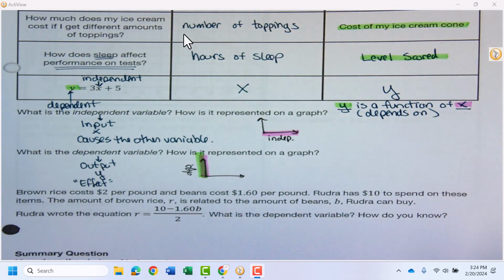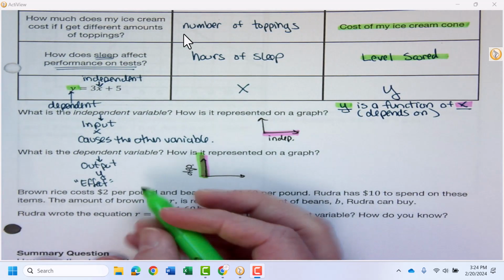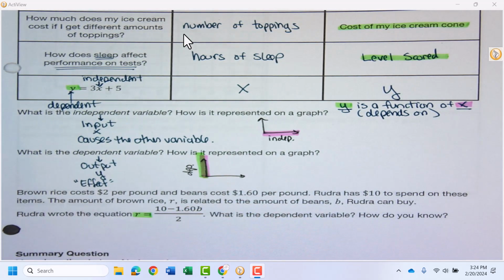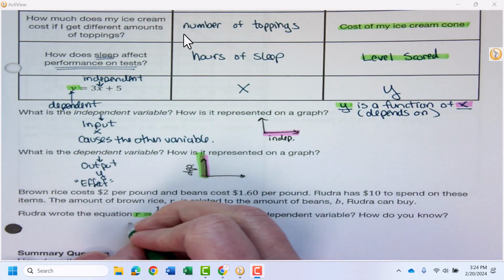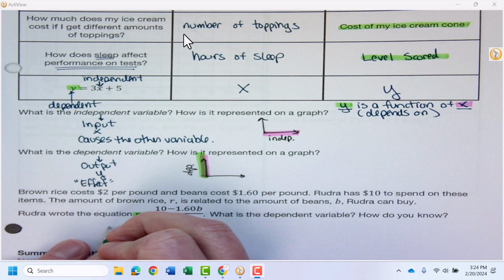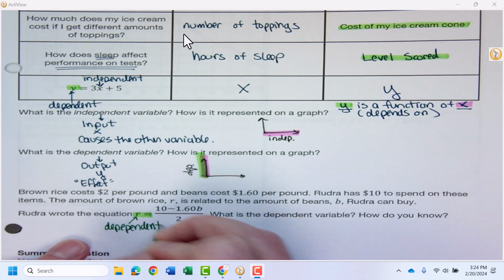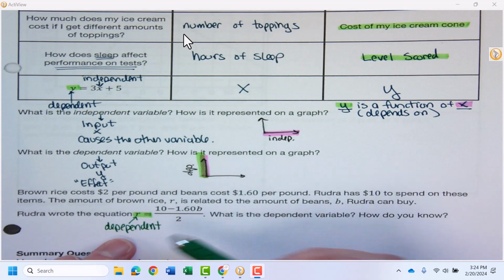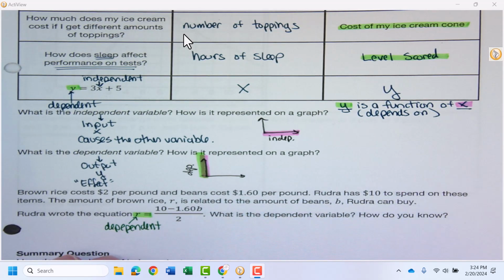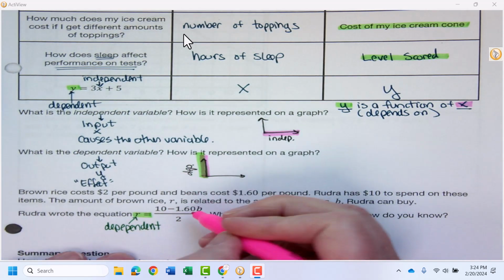R equals, the fact that I have a variable equal to something, I'm telling you, that's the dependent variable. That's the output. That's what's going to pop out. Hope I said dependent. And that depends on what I input for B. There's my other variable.